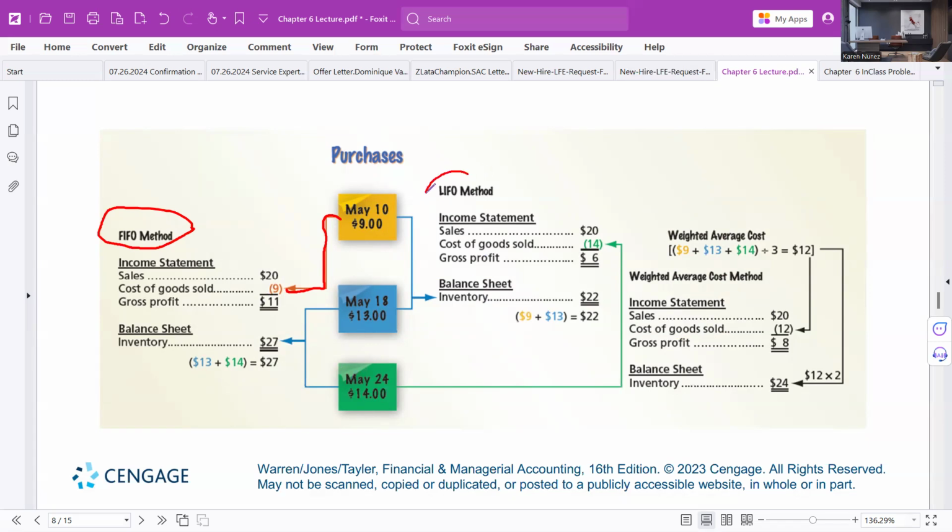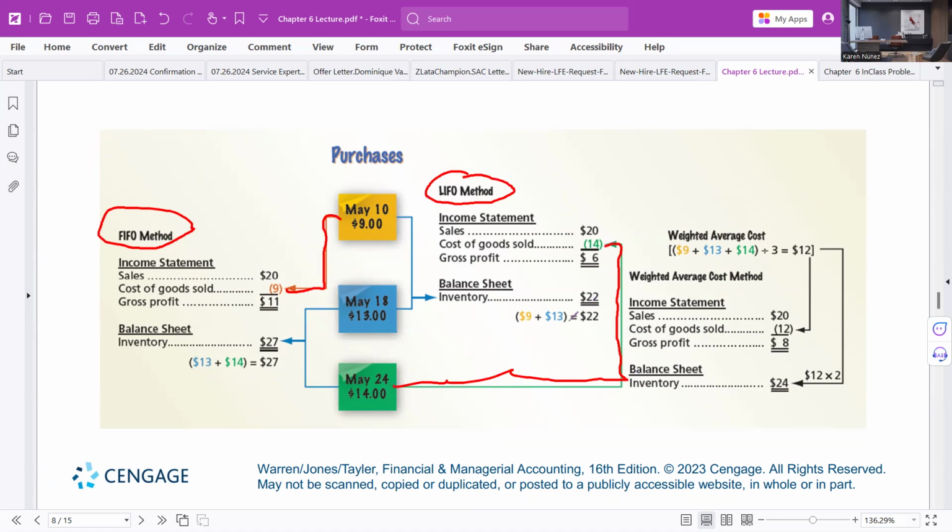LIFO is just the opposite. LIFO is the last ones in are the first ones out. So in this case, it's the $14 cost that goes to our cost of goods sold. Last one in, first one out to cost of goods sold. That's LIFO.